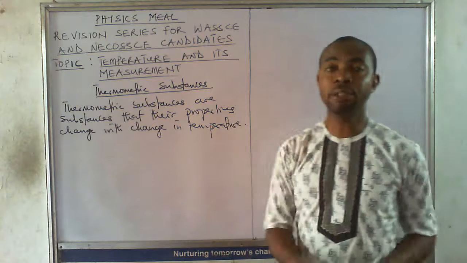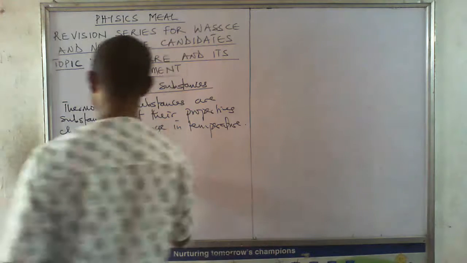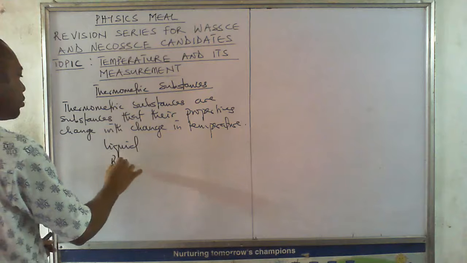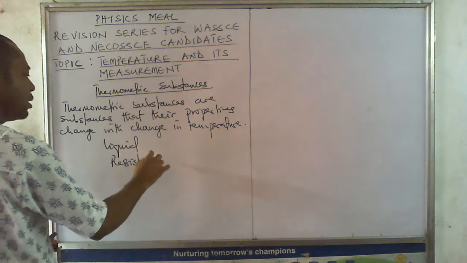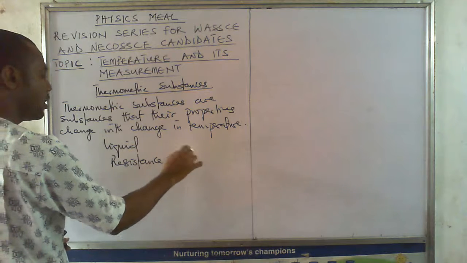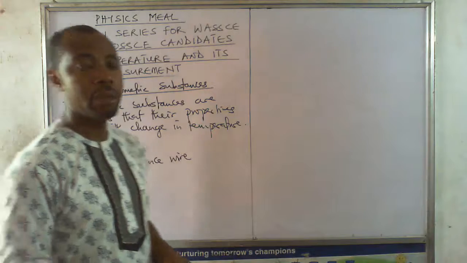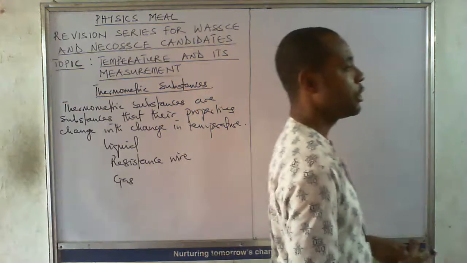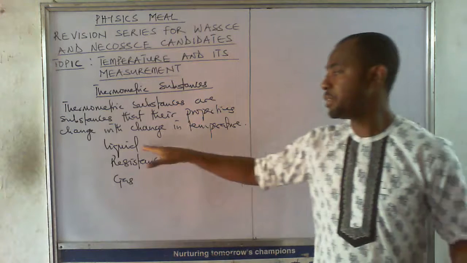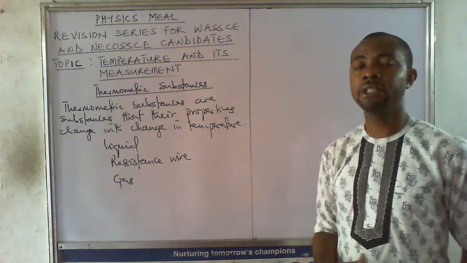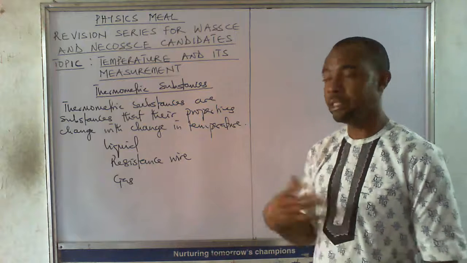So some of the thermometric substances that we have include liquid, resistance wire, and gas. These three are the common thermometric substances that we have. So we have thermometric liquids that their properties change with change in temperature.